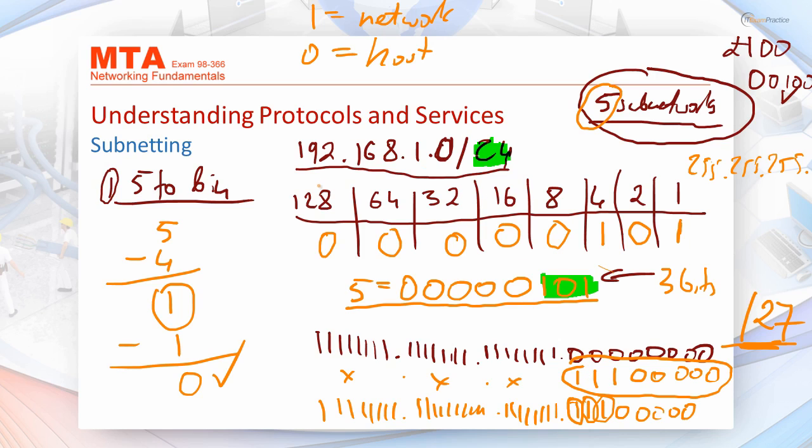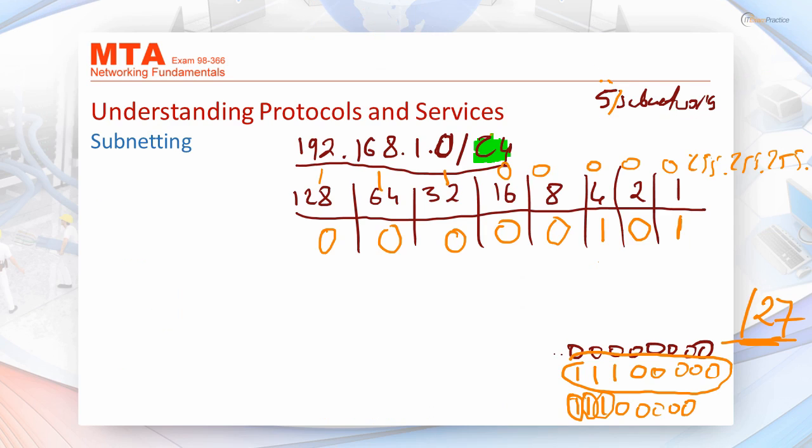Then you go back to this table and you add all the numbers: 128 plus 64 plus 32. Okay, does that make sense so far? Let me remove a few things from the screen and we'll continue.